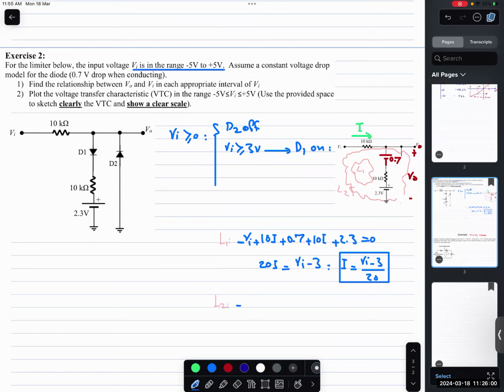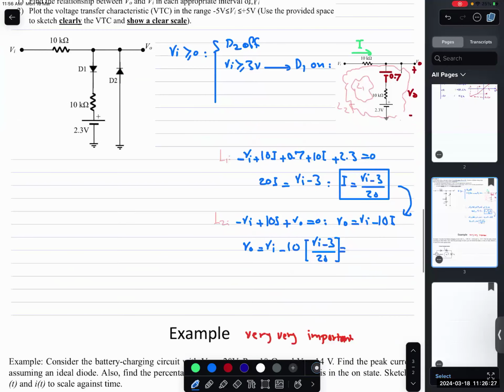So I get minus Vi plus 10I plus Vo equal to 0, so Vo equal to Vi minus 10I. Then we substitute this for I. In the end, Vo is Vi minus 10 times (Vi minus 3) over 20. So Vo becomes 0.5 Vi, and then 0.5 times 3, which is plus 1.5.